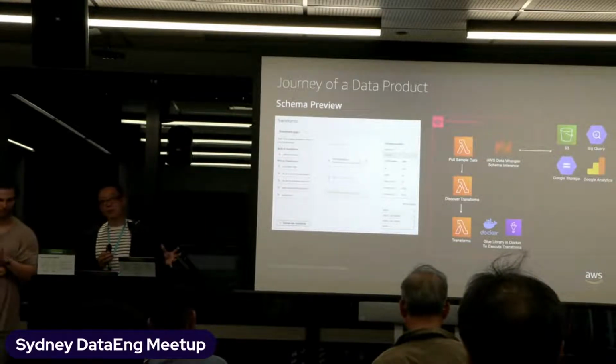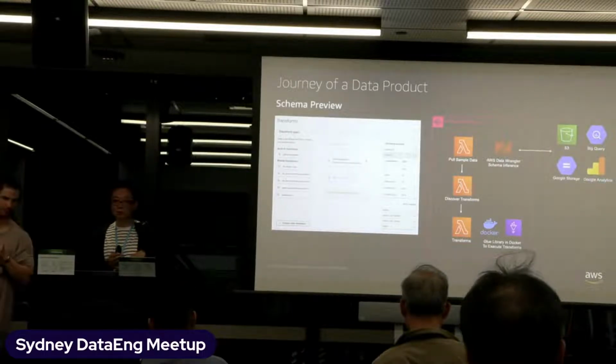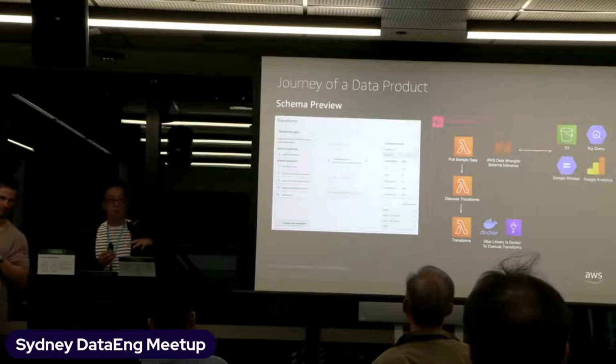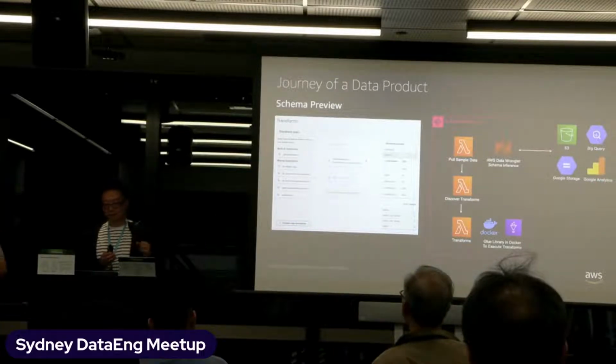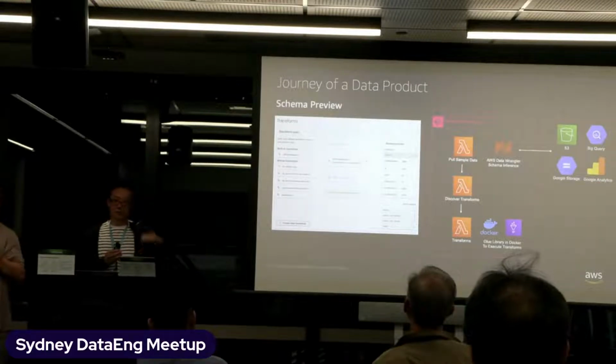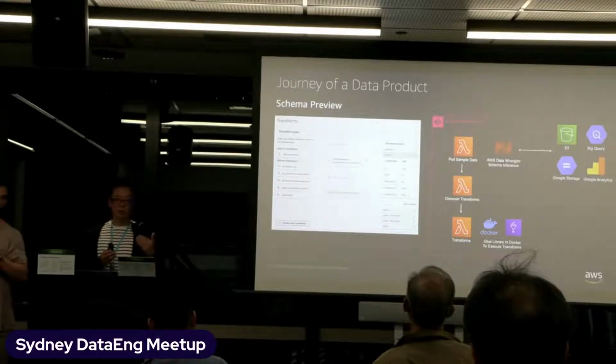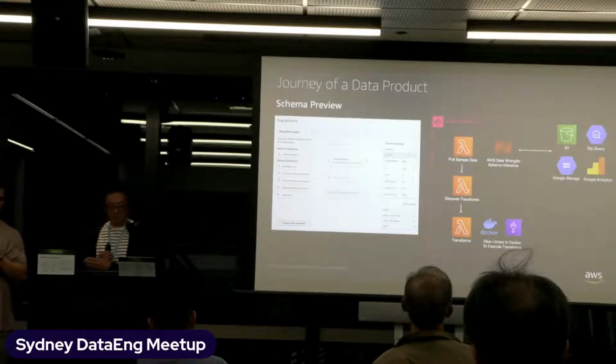We pull a sample of that through API calls into a local S3 storage. Then we run schema inference using AWS Data Wrangler, which generates all the schema you've seen, like the data types and the sample data. The idea is to give that feedback loop to the users so they know what they're importing, rather than waiting for Glue to complete half an hour later.